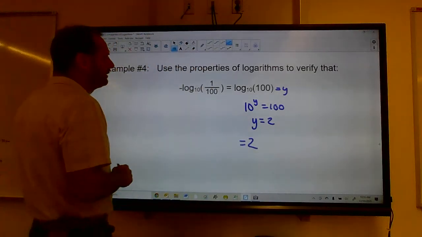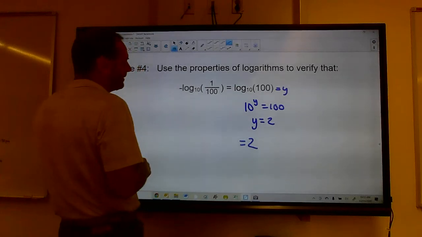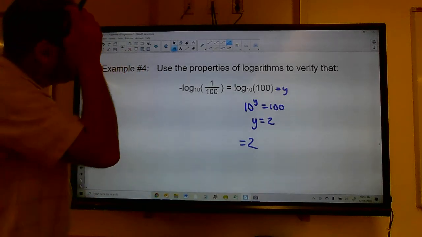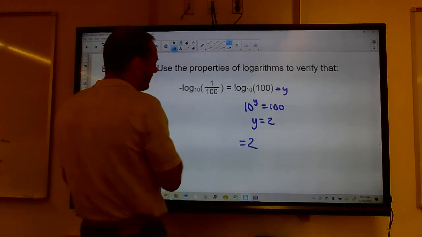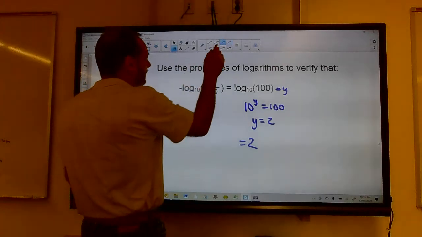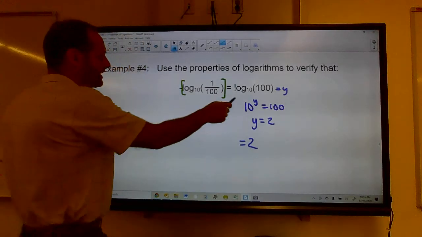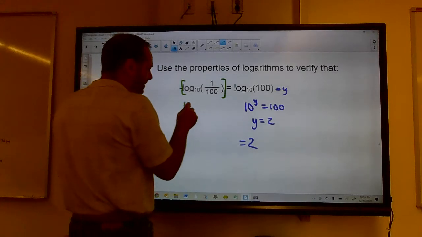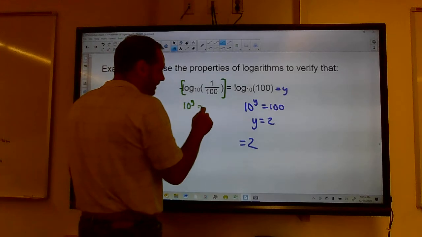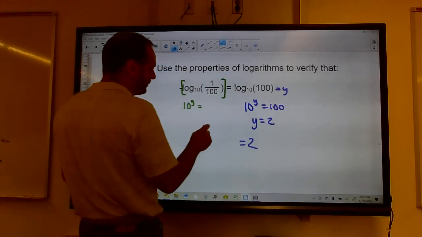All right, over here, the negative log base 10. So let's just save that negative out here. Let's just look at this part right here, and we'll do the same thing we did here, right? So we're going to go 10 to the y power is going to equal 1/100th.